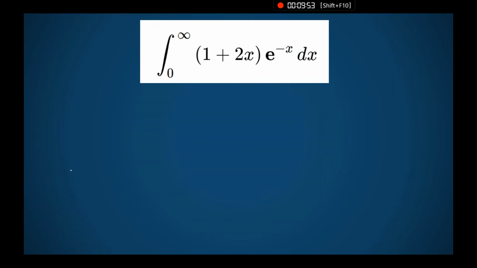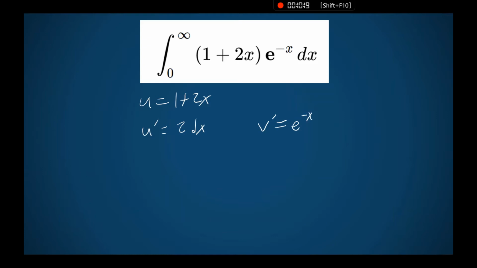So what should u be? 1 plus 2x. Okay, 1 plus 2x. That means u prime is what? 2 dx. Okay, then v prime is e to the negative x.